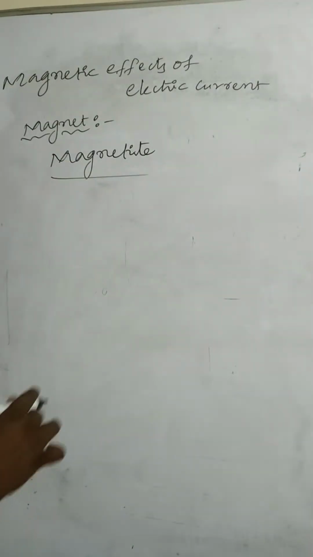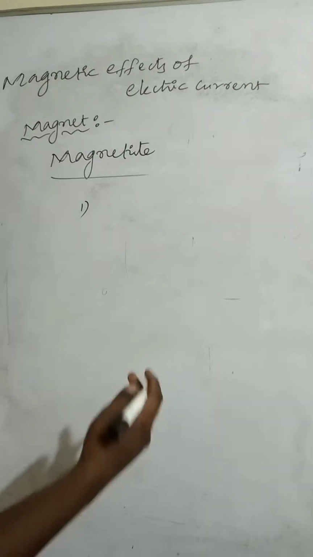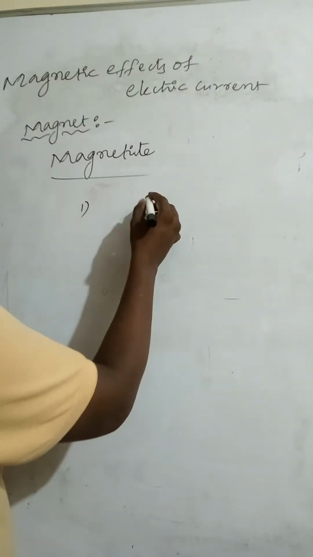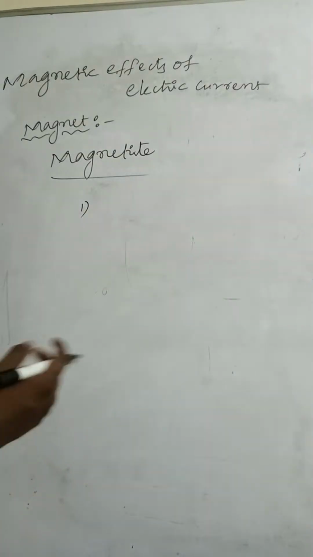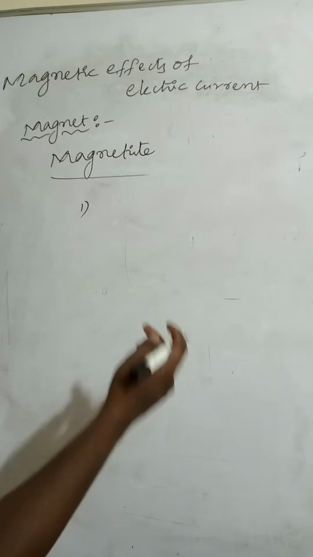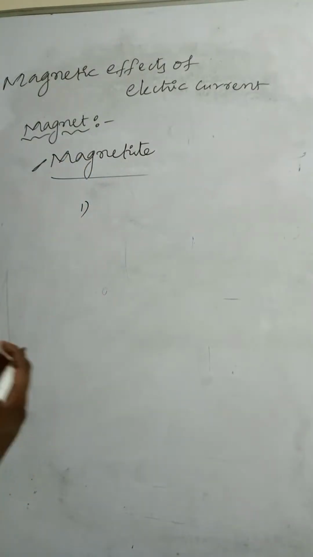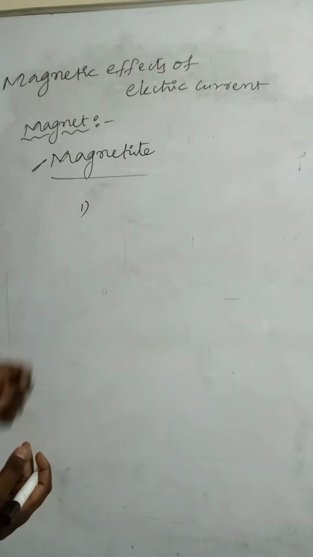There are two properties: the attractive property and the directive property. A magnet has two poles, north pole and south pole. So this is a natural magnet, which occurs naturally in the earth's crust.